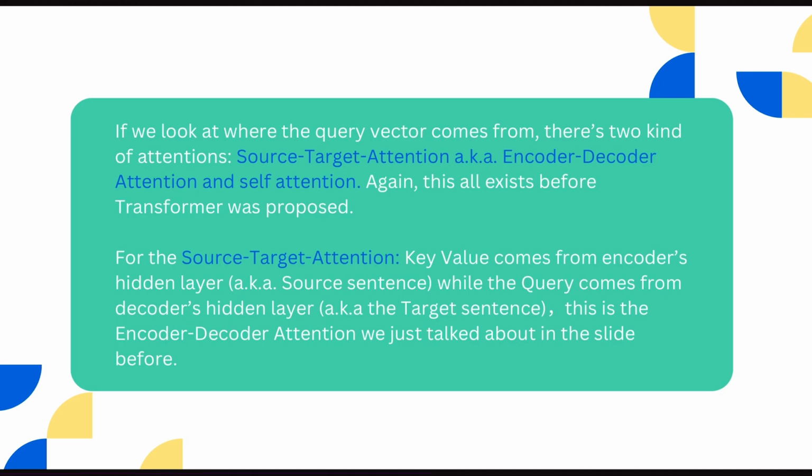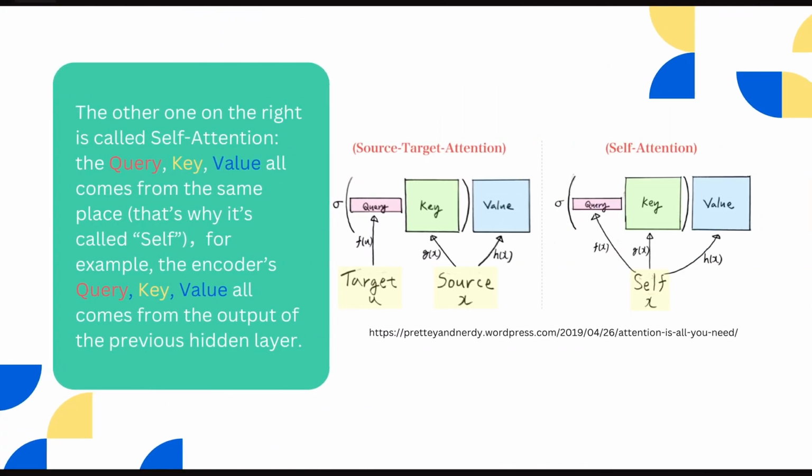For source target attention, the key and value come from the encoder's hidden layer, that is the source sentence, while the query comes from the decoder's hidden layer, that's the target sentence. This is the encoder decoder attention we just talked about. The other one, on the right, is called self attention, which we didn't talk about yet. The query, key and value all come from the same place.